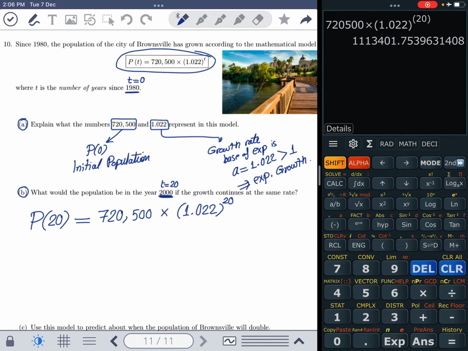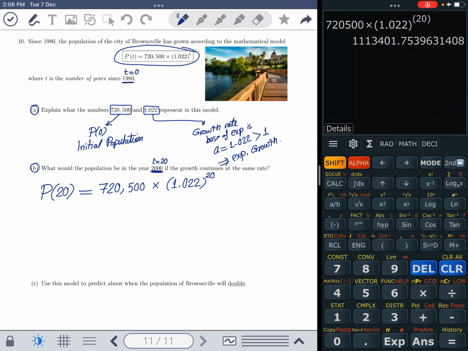So, wow, that will be what? 1,113,000. Yeah, and then 401.7. You see 0.7, so you say 402 people after 20 years. In the year 2000, in the city of Brownsville, they will already be more than 1 million.